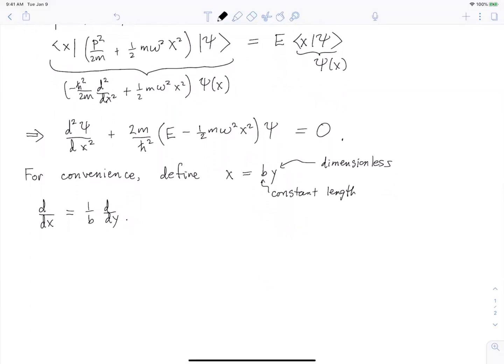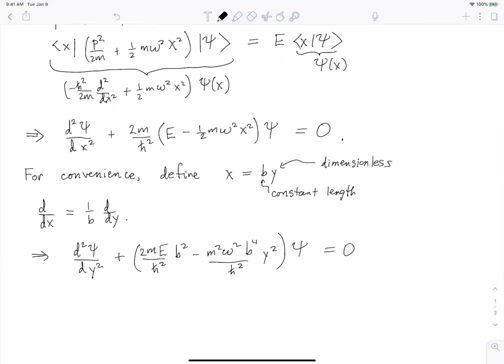Meanwhile, we plug that change of variables into the differential equation. And we get second derivative of psi with respect to y plus 2mE over h bar squared times b squared minus m squared omega squared b to the 4th over h bar squared times y squared, all of that acting on psi has to be 0.